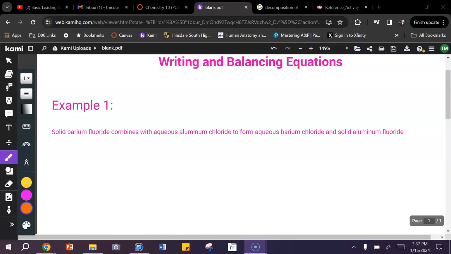So in order to do this, you need to remember how to write formulas. Remember that when you have a compound that's made up of a metal, like in this case barium, and a nonmetal, fluoride, then you first have to balance out the charges in order to make sure that your compound has a neutral charge.